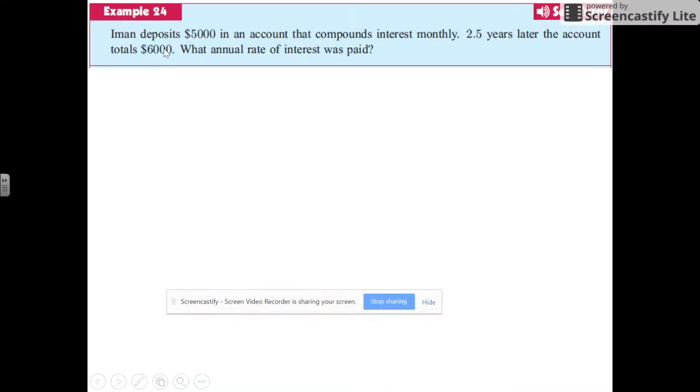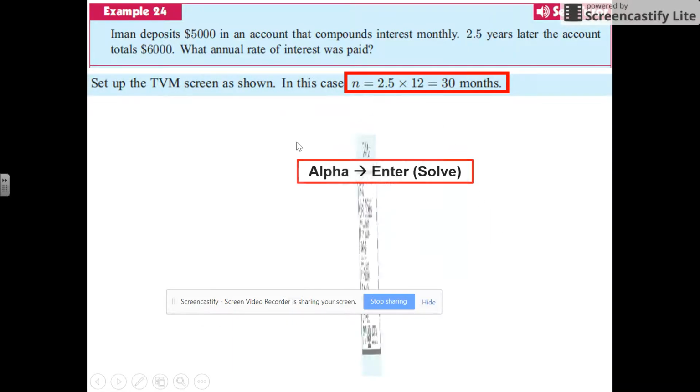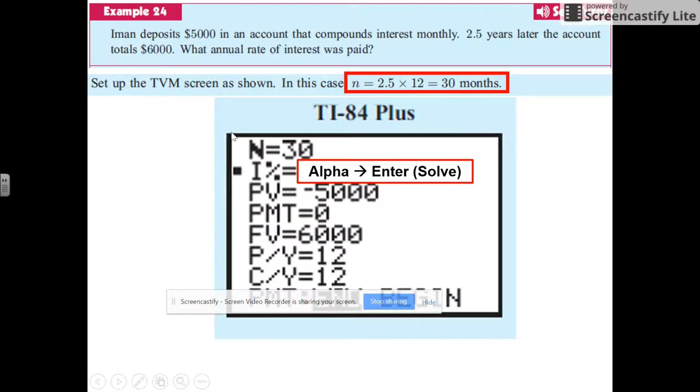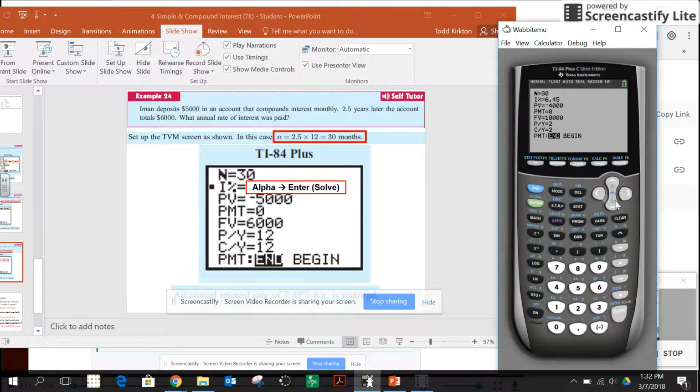Okay, 2.5 years in the account, total 6,000. What annual interest rate was paid? So we know 2.5 times 12 is 30 months because it's a monthly compounding. Again, I want to put this in my calculator. I know there's 30 compoundings. I'm going to be finding the interest rate, so I'm just going to put 0 there. Present value, negative 5,000.